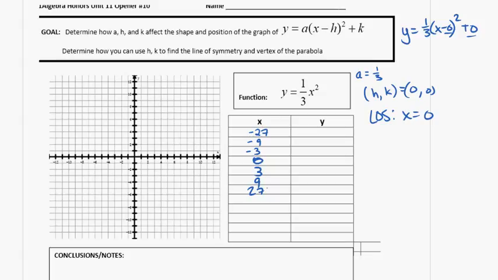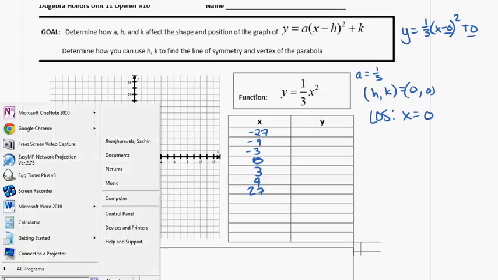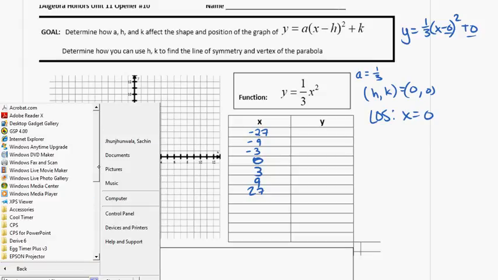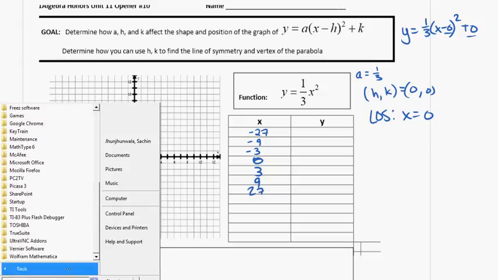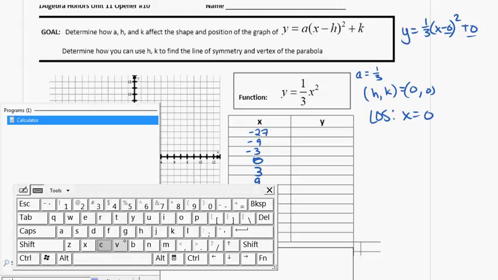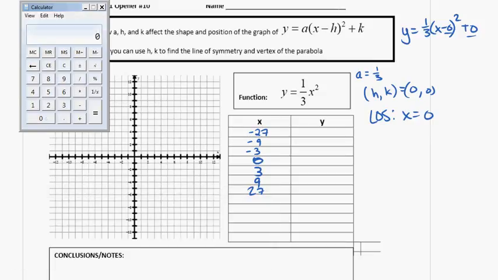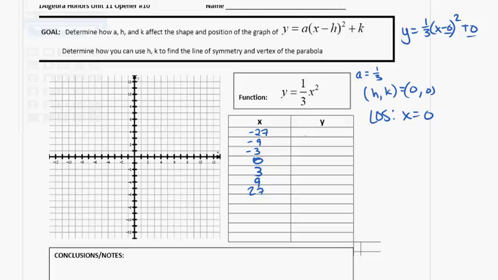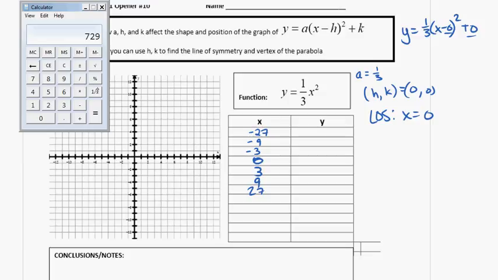Let's see what happens. So -27 squared. Let's see what that turns out to be. Pull up my trusty calculator. 27 times 27, 729. So this is 729, but then times a third, which is the same as divided by 3.